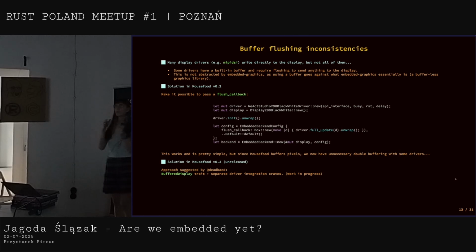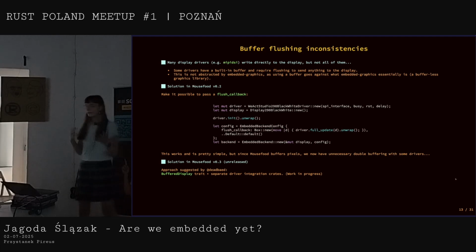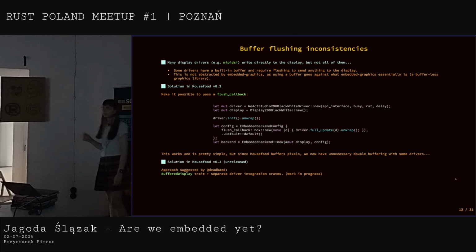Embedded graphics tries to be a graphics library that doesn't use any buffers and writes directly to the screen. But some drivers implementing embedded graphics still use a built-in buffer. And that's problematic, because if they use a built-in buffer, there must be some way to flush this buffer.